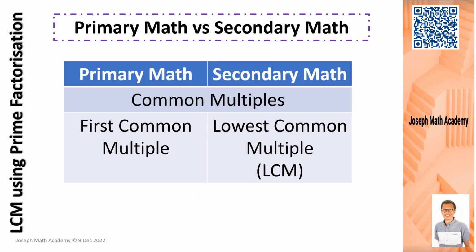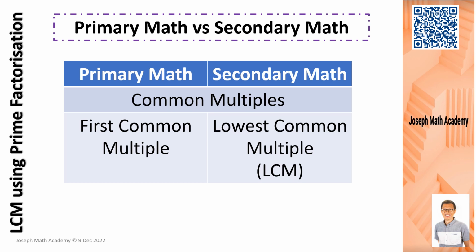Now, let me do a quick comparison between the two levels that we have done, primary math and secondary math. In primary math and secondary math, they use the common term called common multiples. In primary math, we always mention first common multiple.